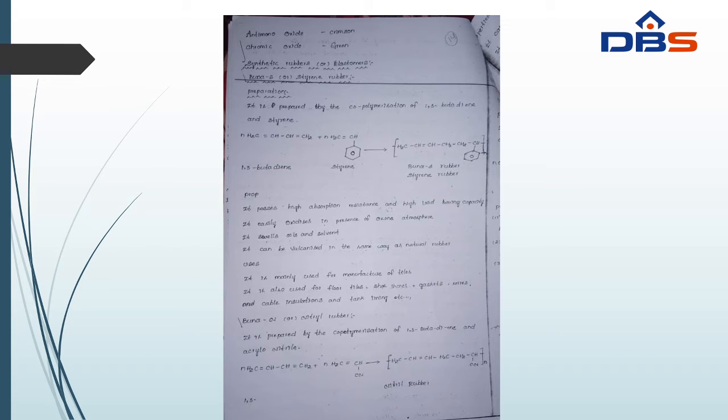For example, a number of 1,3-butadiene monomers, formula CH2=CH-CH=CH2, combine with acrylonitrile, CH2=CH-CN, to form nitrile rubber or Buna-N rubber.